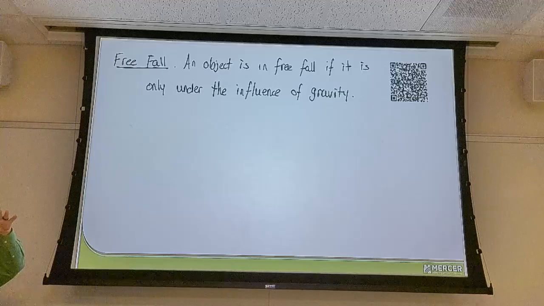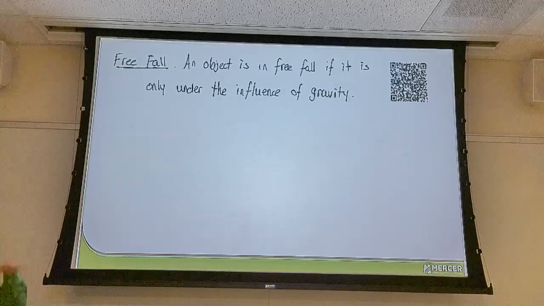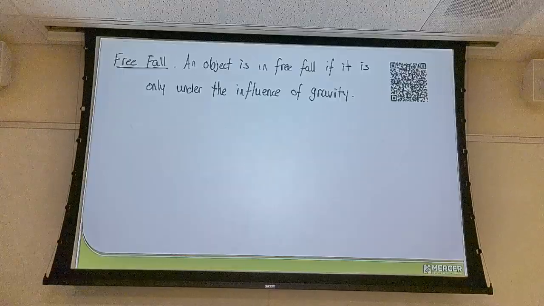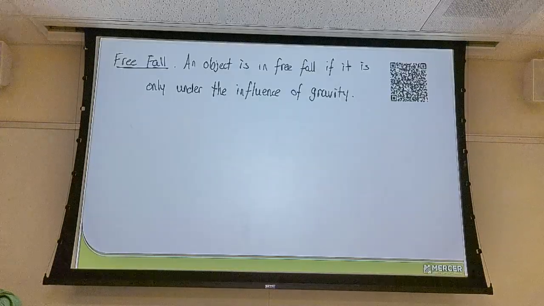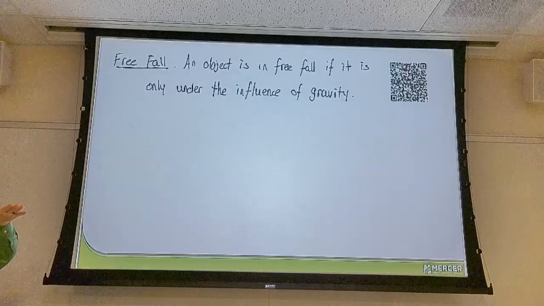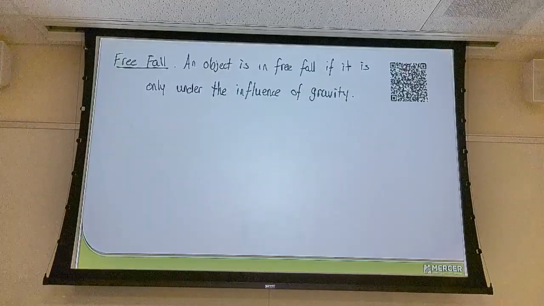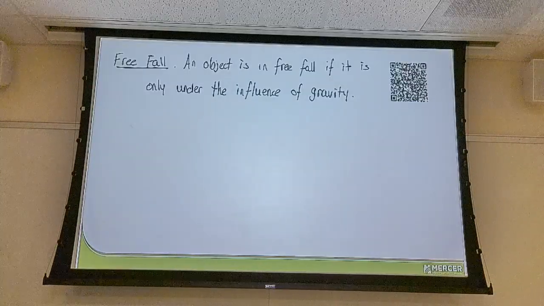You just have to look at it in 2 dimensions. Its horizontal motion is fast enough so that it matches its vertical motion. So it's falling, but it's also going, so it's never actually hitting Earth, but it's still in free fall. So if you're ever in orbit, you can say you're falling in style.